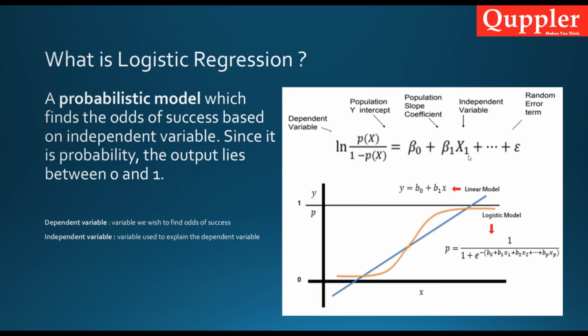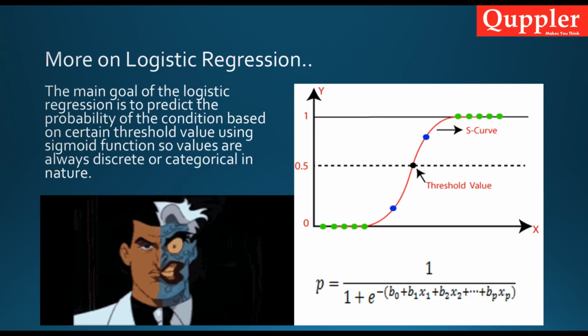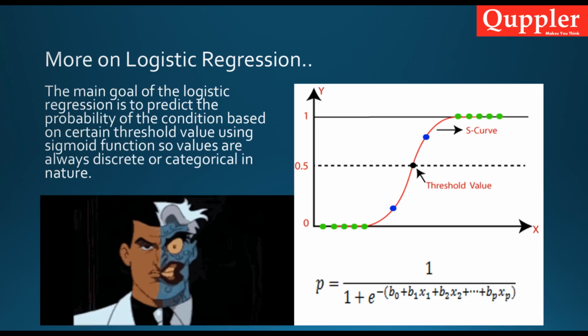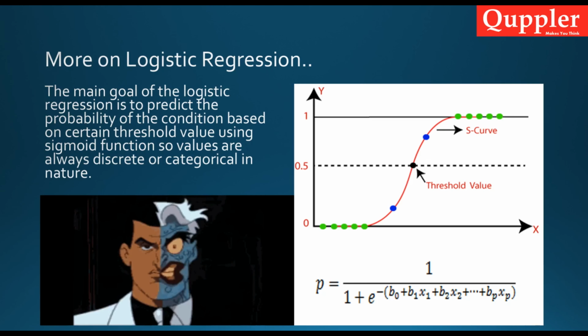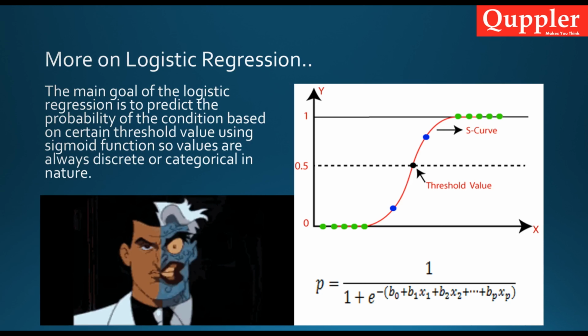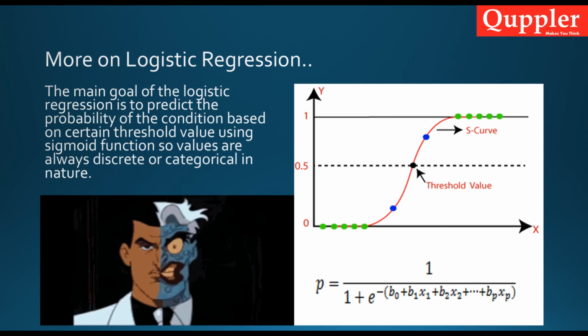Now let's understand this more deeply, diagrammatically. The main goal of logistic regression is to predict the probability of this condition, based on a certain threshold value using the sigmoid function. Once we find the probability, it would be either 1 or 0.